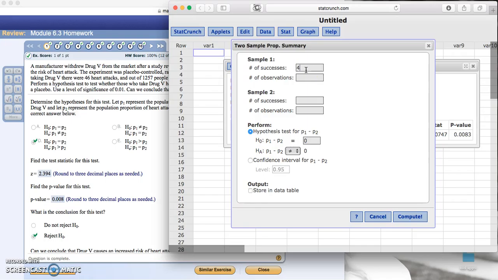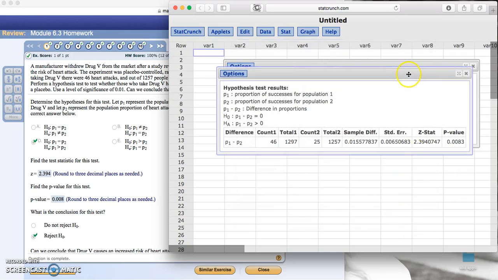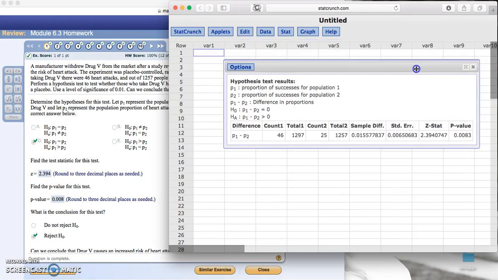It's weird to call a heart attack a success, but that's what they were testing for, so that's what we got to put in that box. So our first one was our drug V, and then there's our placebo. And we want to make sure that P1 greater than P2 is what we're testing for. And that's exactly the same as the first box I made.